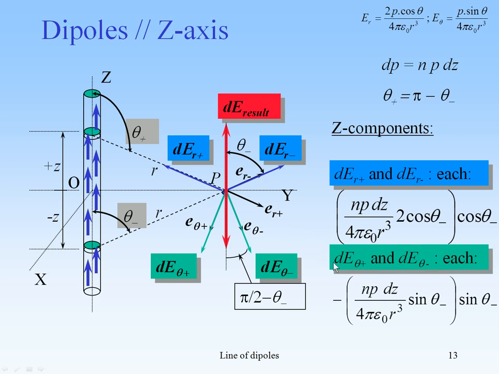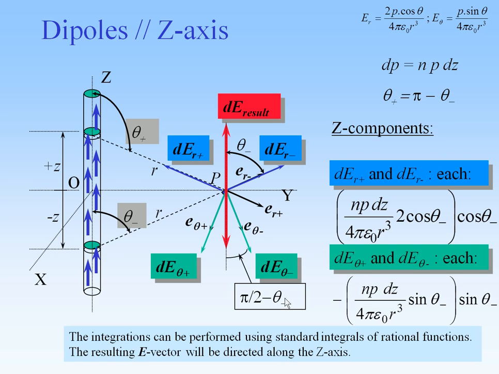And for the sine components, these two here, we have the sine in the expression for the E times the sine for the component, and that's the cosine of 2 pi minus theta, that's the sine. And this means again that the integrations can be performed using standard integrals of rational functions, and the resulting E vector will be directed along the z-axis.